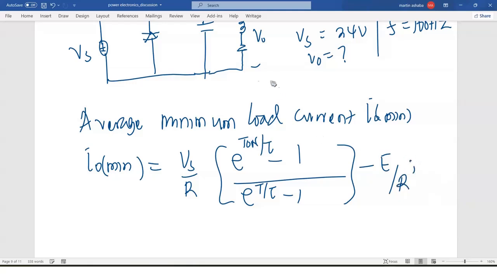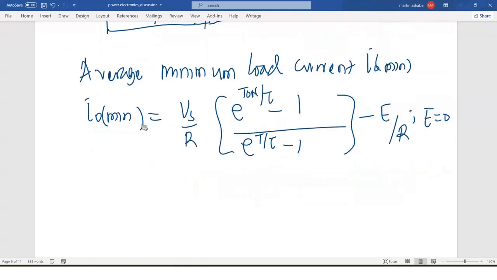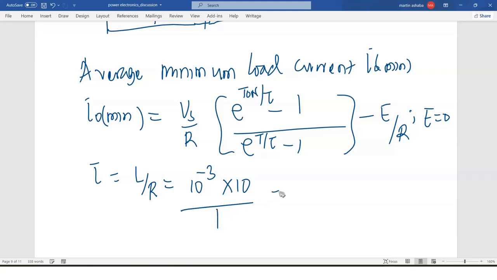But E is always on the side of the load, and since it is not there, this component is going to be 0. But we can also get the tau. Tau is the same as L out of R, so this is 10 times 10 power negative 3 divided by 1, and this is 10 times 10 power negative 3 seconds.